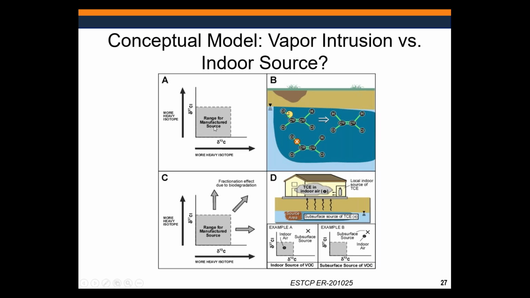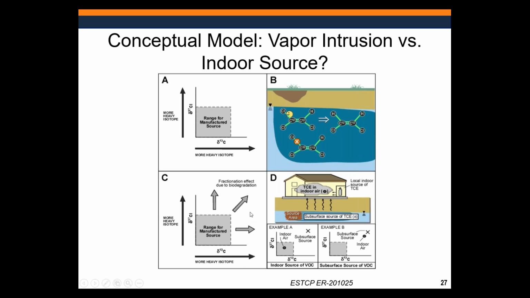So any recently manufactured or previously manufactured VOC that's not been fractionated, that's not been degraded in any way, should fall within this range. Now, in the subsurface, if you've had degradation going on, so there's been isotopic fractionation, then that original carbon and chlorine delta value has become enriched with time, and it's likely moved out beyond this original range for manufactured sources.